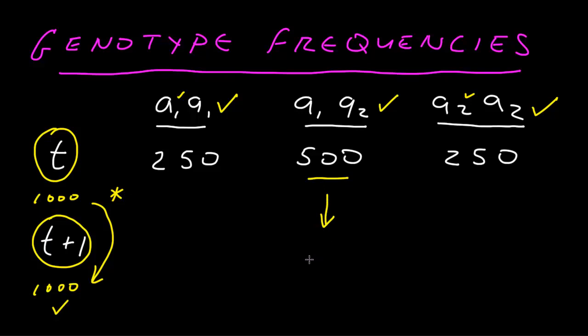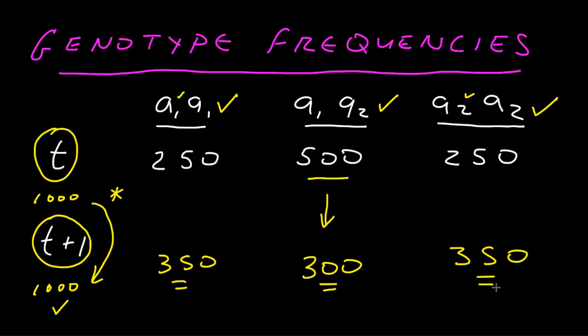We'll say arbitrarily that in the next generation we have 300 individuals that are A1A2, heterozygotes, and our homozygotes remain the same: 350 A1A1 and 350 A2A2. So again, we've reduced the amount of heterozygosity in this population.